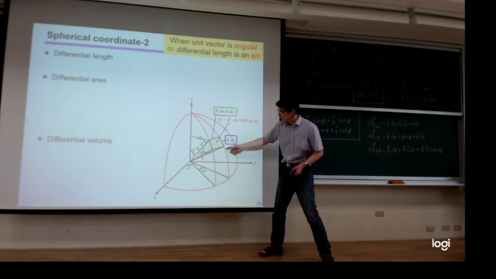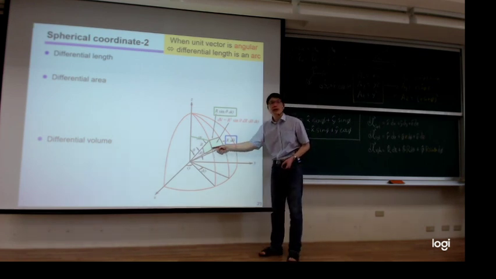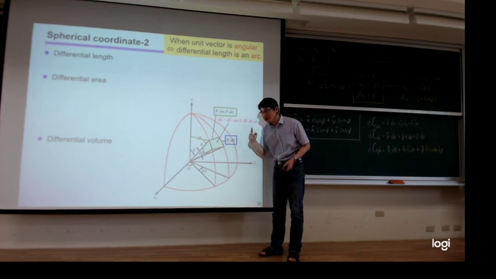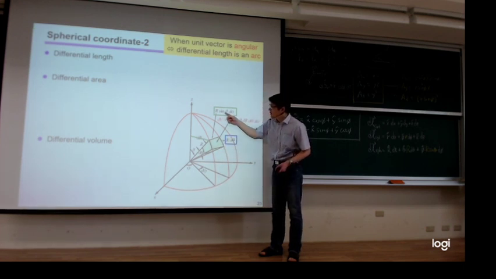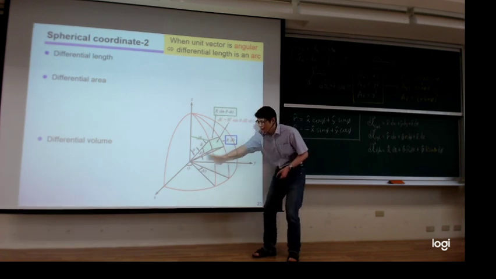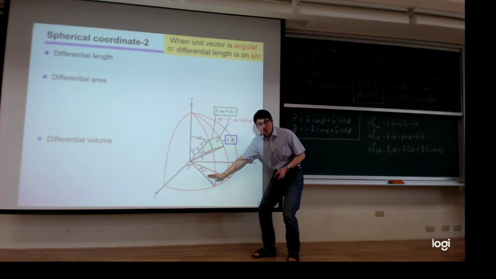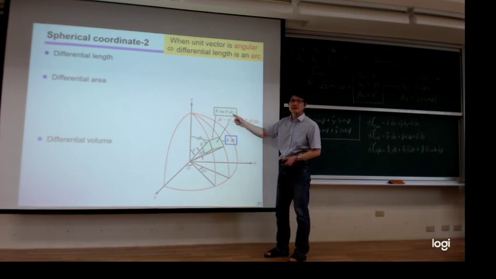So then you have to think, what is the proper radius for this arc? Like I mentioned, this radius is r sine theta, the projected radius onto the xy plane, right? And then we multiply by d phi.